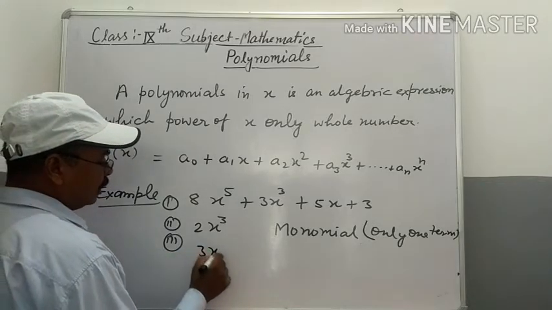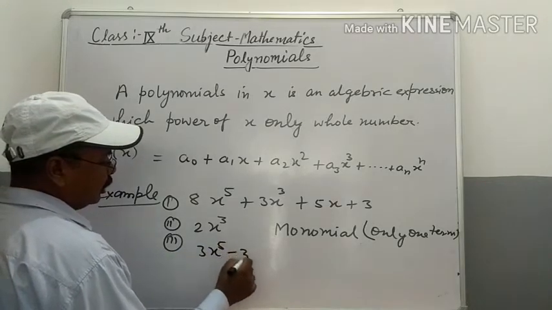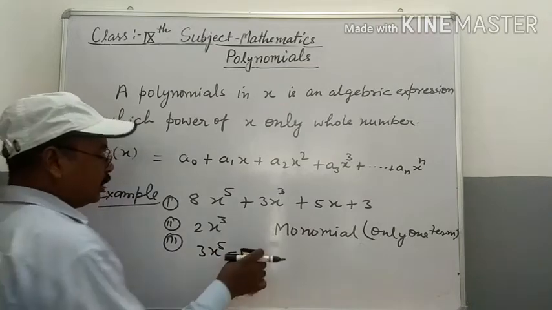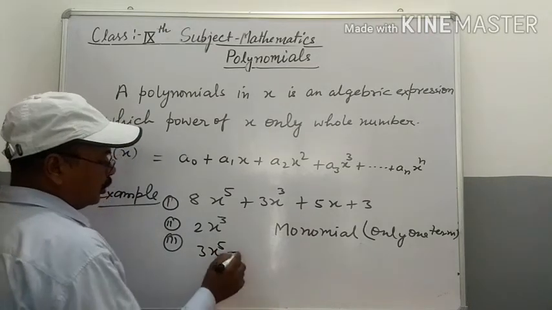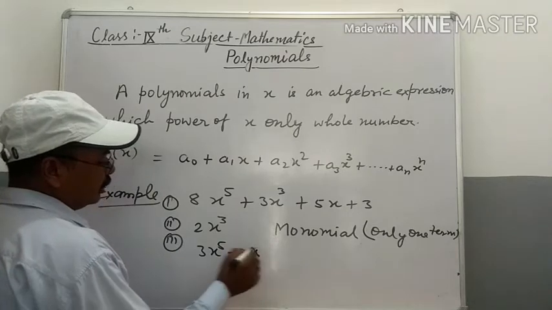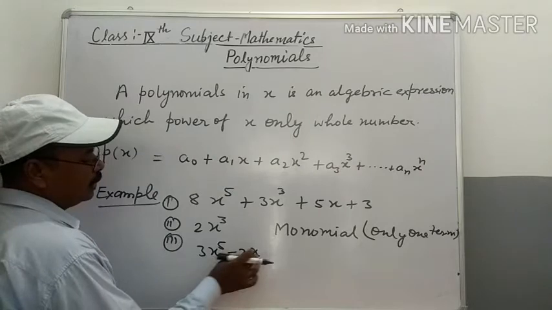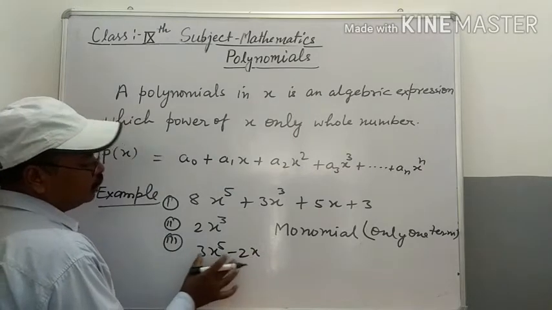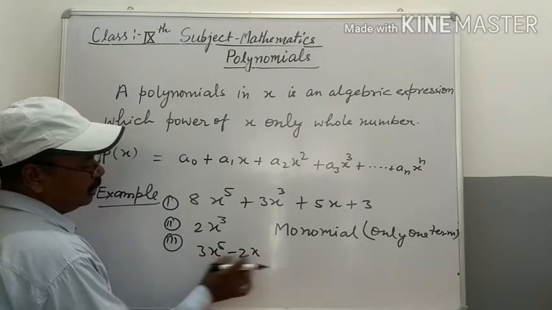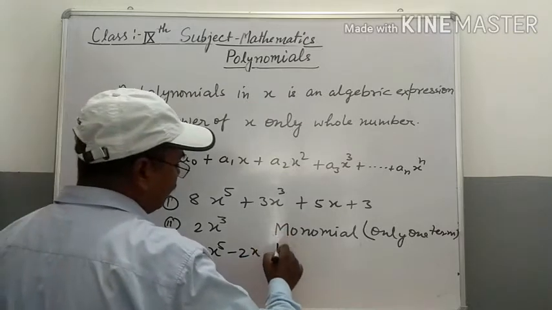Example of a binomial: 3x to the power 5 minus 2x, or you can take one of your choice. In this polynomial the number of terms is 1, 2. This is known as a binomial.